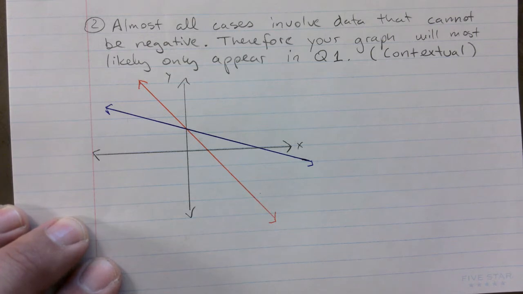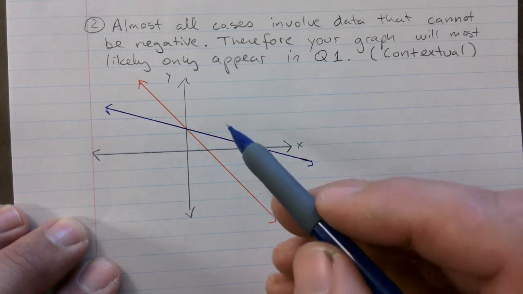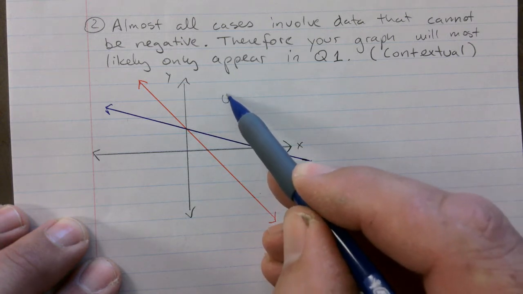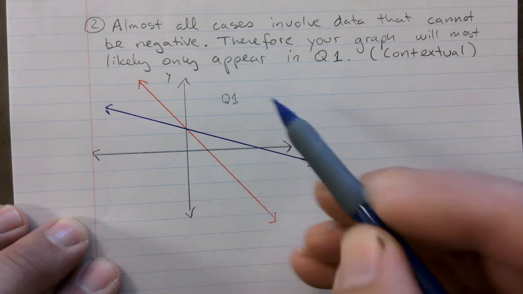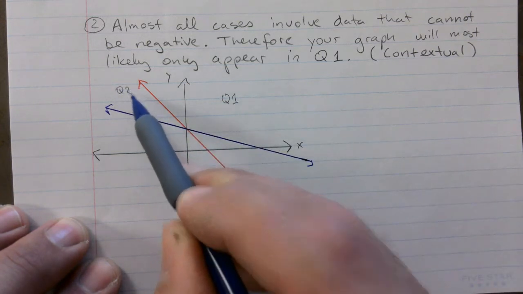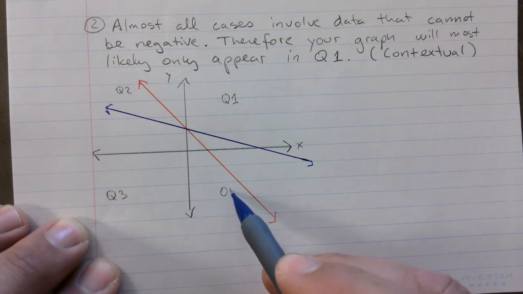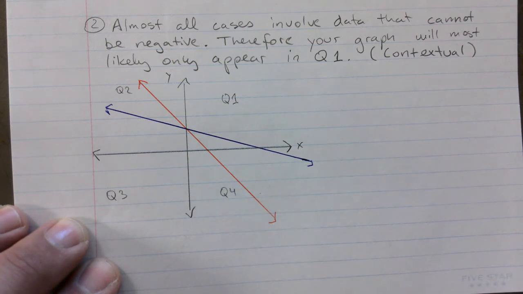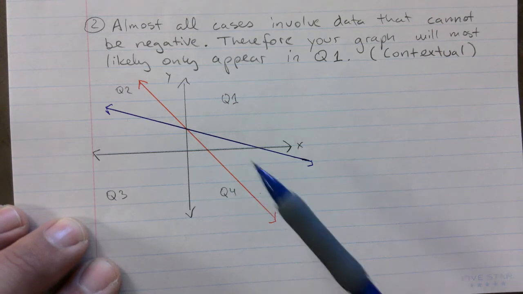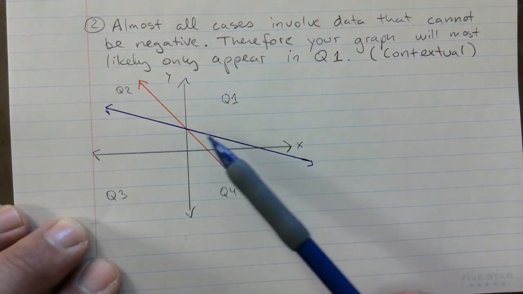And for this particular instance, right, just go ahead and go quadrant 1, quadrant 2, quadrant 3. We don't have to use Roman numerals, right? Quadrant 4. And I'll make my solution be right here.